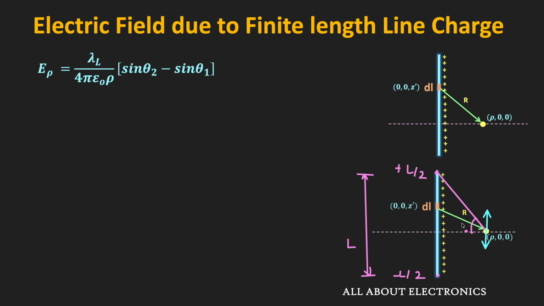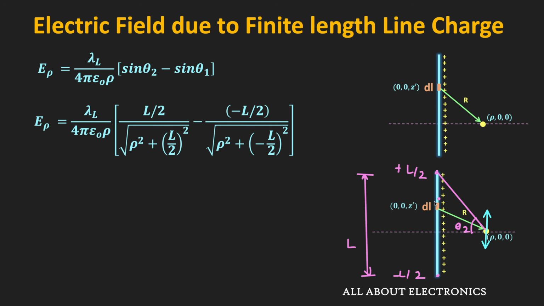So in this case, sine theta 2 is equal to L by 2 divided by the length of this hypotenuse, and that is equal to square root of rho square plus L by 2 whole square, because this length is equal to rho.